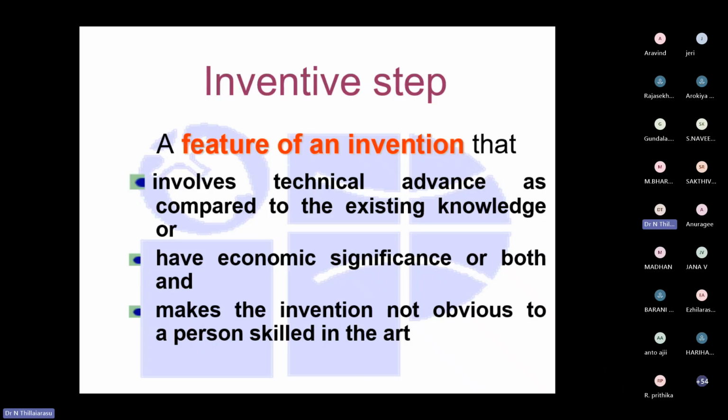So the invention must not be obvious to a person skilled in the art. I have skill to solve a fuzzy problem, or a technique to solve a mathematical problem. We cannot say that is an inventive step. But if you make some advancement in the technique as well as economic significance, then we call it an innovative step.